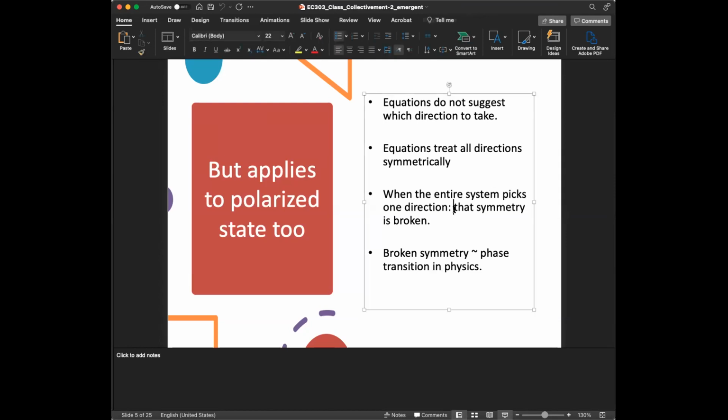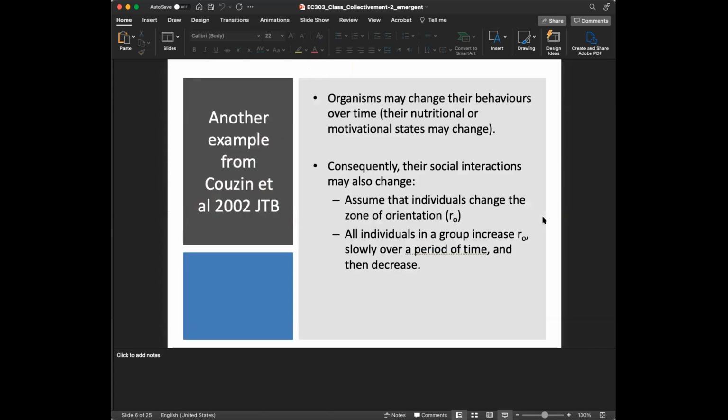In that sense, that symmetry is broken in this collective system. And typically this broken symmetry is also associated with phase transitions in physics. One can see that this broken symmetry is equivalent to an emergent pattern, because there was nothing in the equations that had this broken symmetry, but it emerges from the interaction rules.